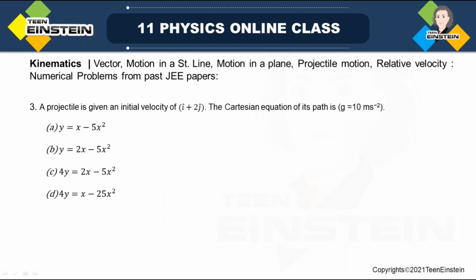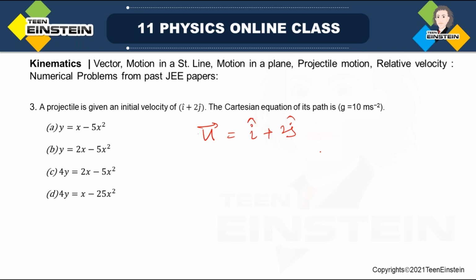We'll go to the next problem. So this is a problem, again a famous problem from projectile motion. Look, this problem is looking very simple, a one line problem. Okay, so a projectile is given an initial velocity. See, the velocity is a vector quantity and it is given as a vector quantity here.